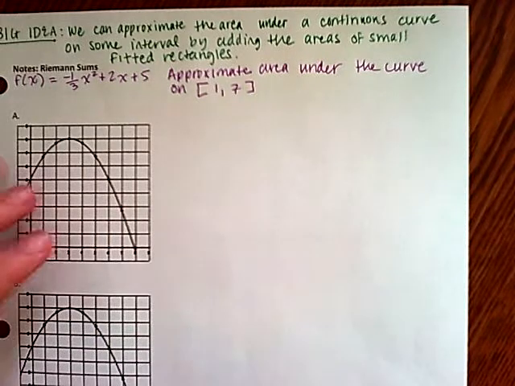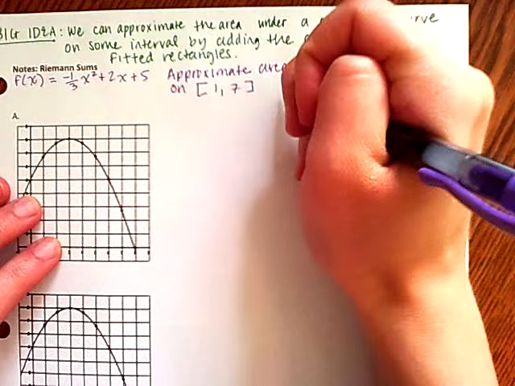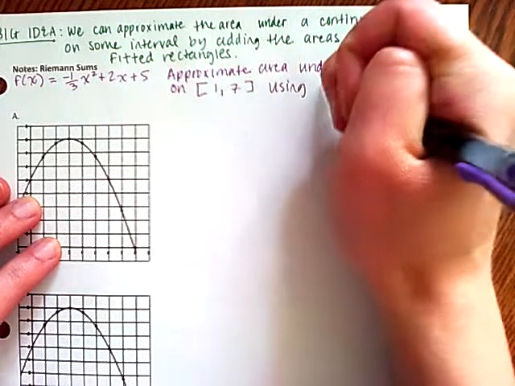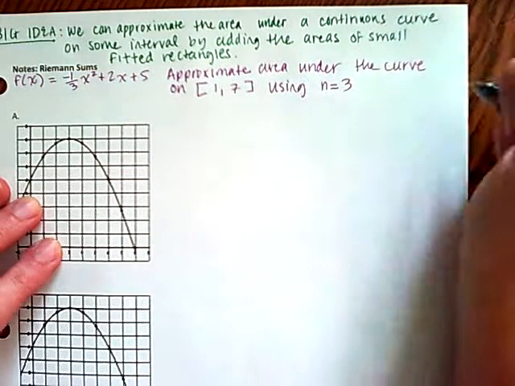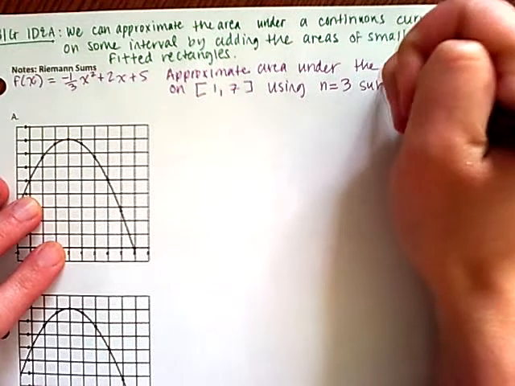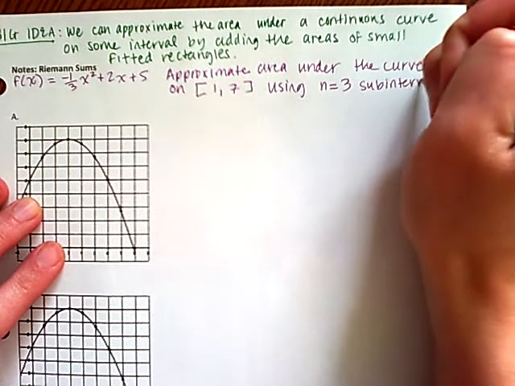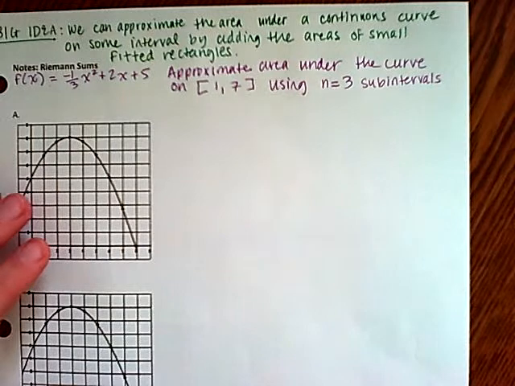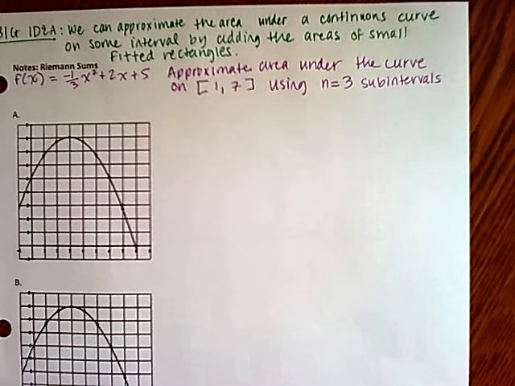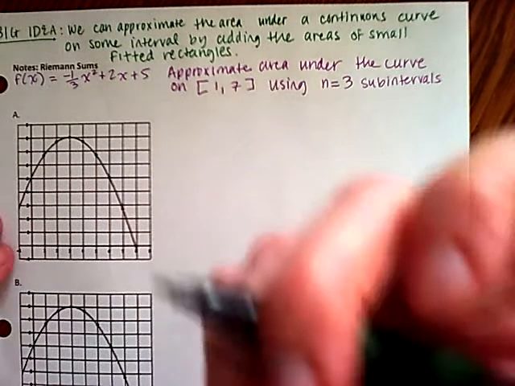The way we say this is using n equals 3 subintervals. The first way we're going to do this is what's called a left endpoint approximation.